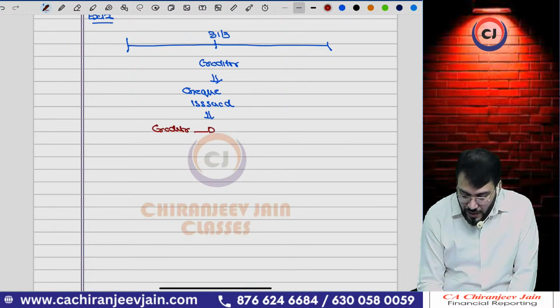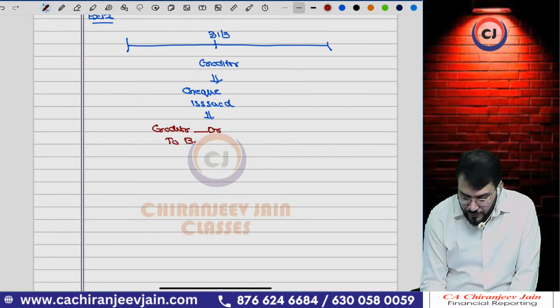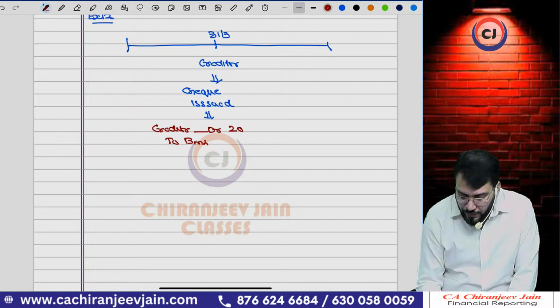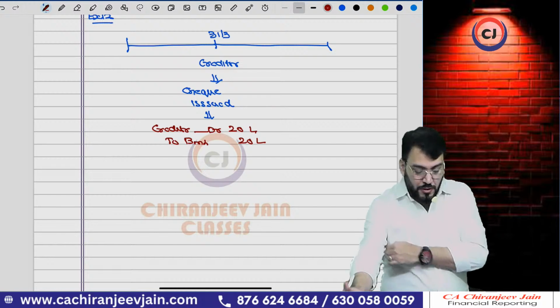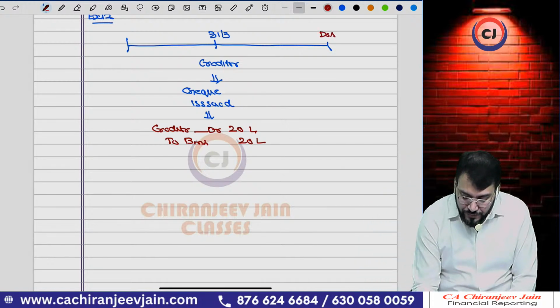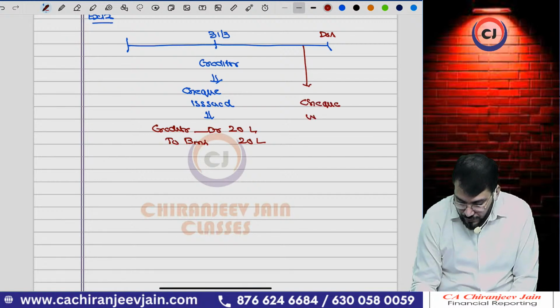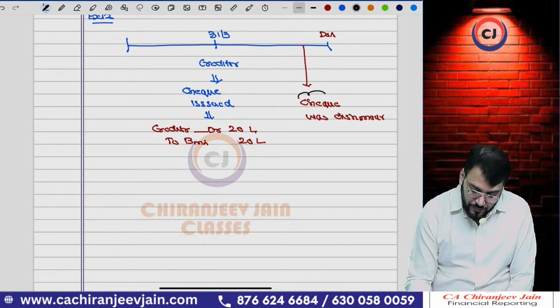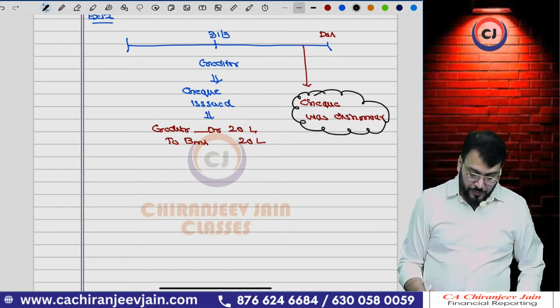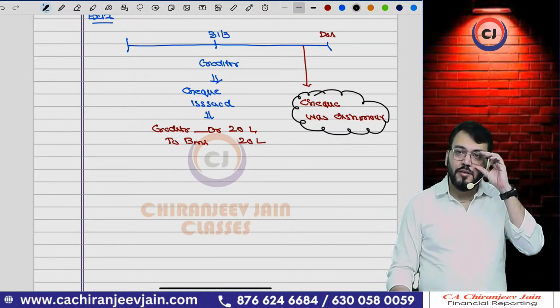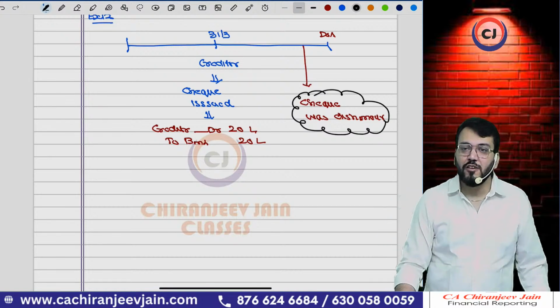Creditor account debit to bank, suppose 20 lakh rupees. A check was issued. But before approval of the financial statement, the check was dishonored.